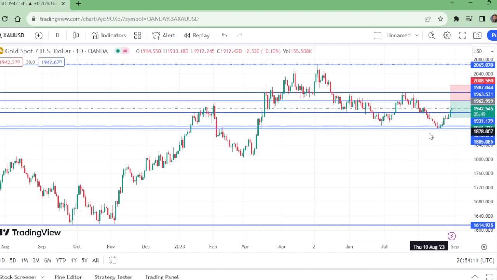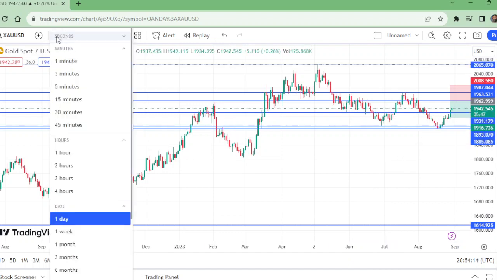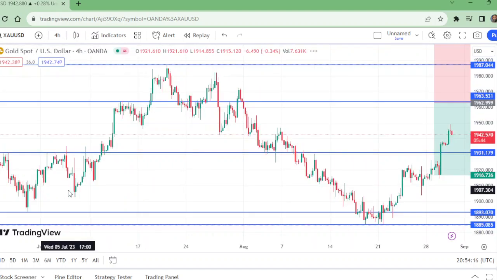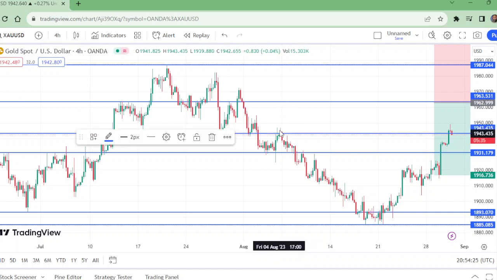Now this is the entry. Now let us move to the 4-hour time frame for finding more take profit options. After this entry, we can have the first take profit at this level. Now this is the entry, then this is the first take profit.